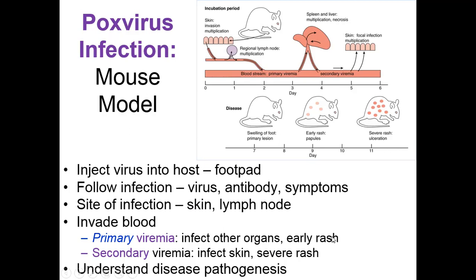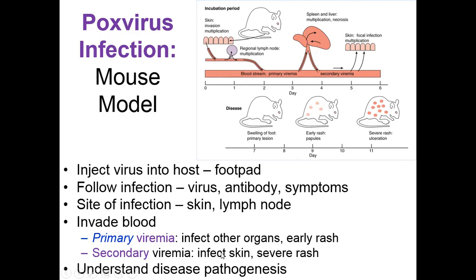Since the virus is in the bloodstream, after infecting the original sites, it can again get back into the bloodstream from those tissues and organs and cause secondary viremia.